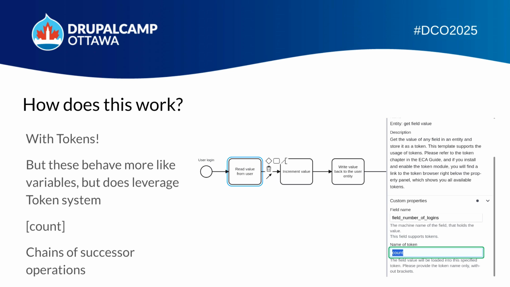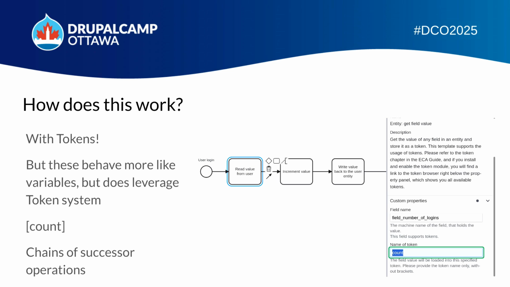But in this example, you have an event that fires when a user is logging in, and as soon as they log in, there is an action that will read a value. The field on users is number of logins, which is a field that exists, and all that's happening is that it's storing that entity value as a token and moving it further up the chain.